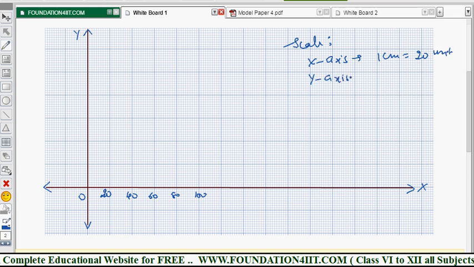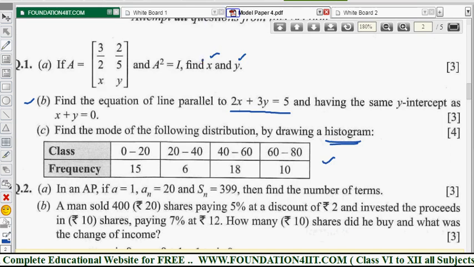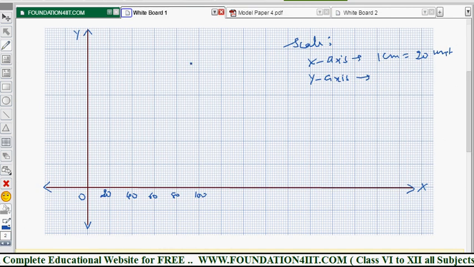And on the y-axis is the frequency, and the highest value is only 18. So let's take 10, 20, where 1 millimeter is 1 unit, that means 1 centimeter is 10 units.